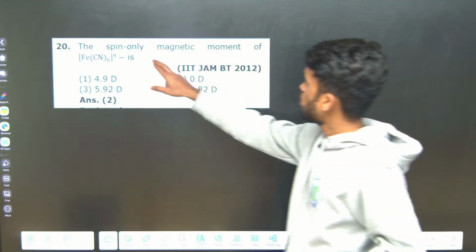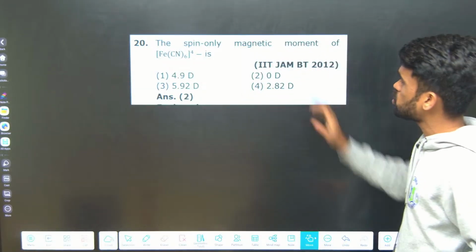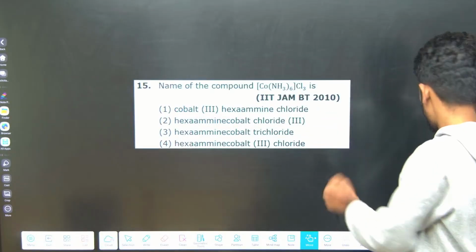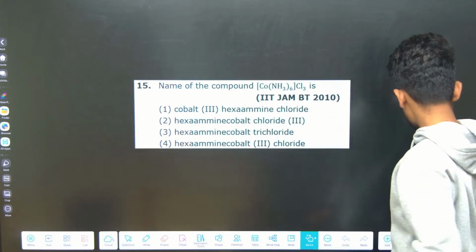Now they will ask something like this: what is the spin only magnetic moment for this particular complex? There are many questions asking about magnetic nature, and they are asking the name. In order to write its name, you need to know its oxidation state, which must be represented.